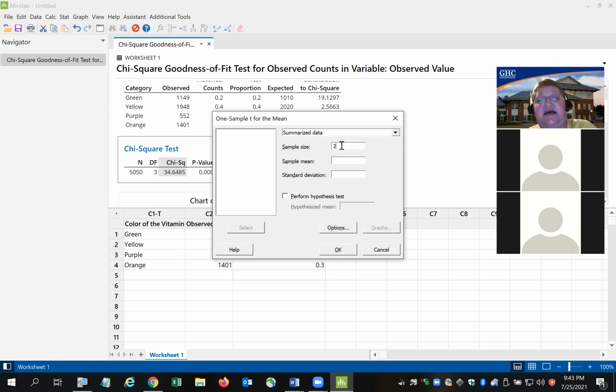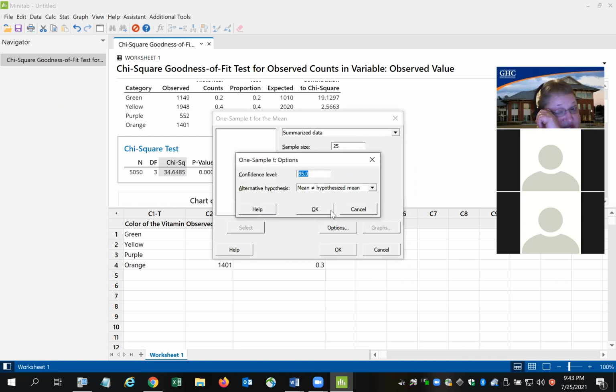My sample size was 25. My sample mean was $18.53. My standard deviation was $3. I am not performing a hypothesis test. Under options, I want a 99% confidence level, and we always use not equal.